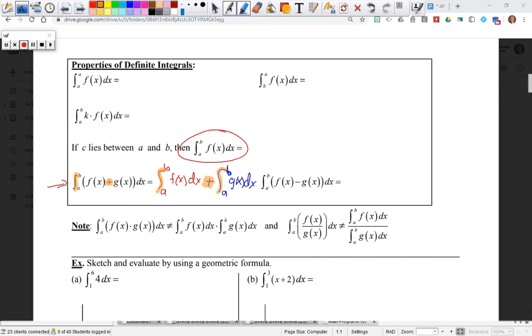So over here we could say from a to b, f of x with respect to x minus from a to b. Notice that this one's not a to b and c to b. These are both a to b. It's like you're treating them as two different problems. You with me? So the integral of the difference is equal to the difference of the integrals.